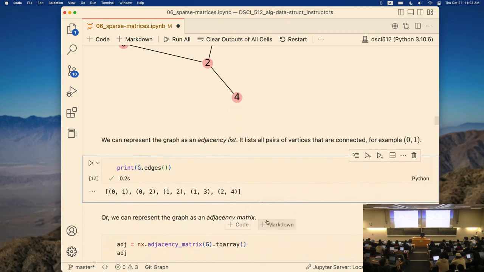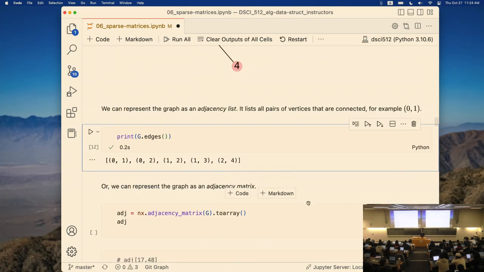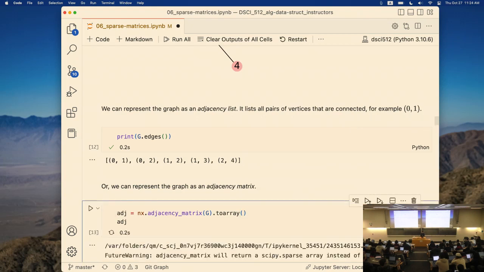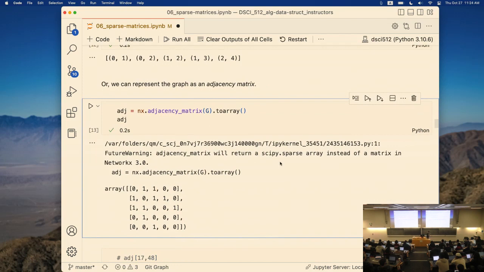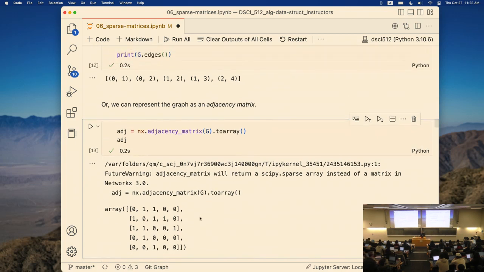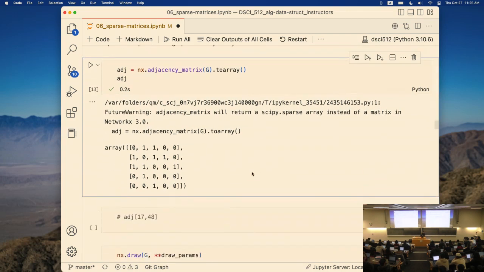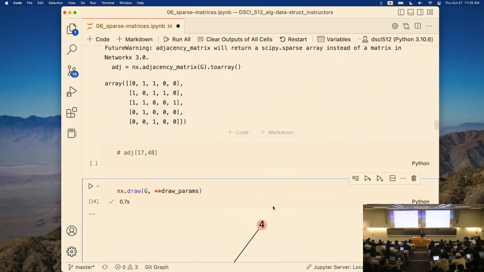There's another way of representing a graph, and that's called an adjacency matrix. Let's see what it looks like. Each row and each column of this matrix corresponds to one of the nodes of the graph, and what you see here on the matrix is whether or not two nodes are connected. For example, let me draw the graph again and put it side by side.